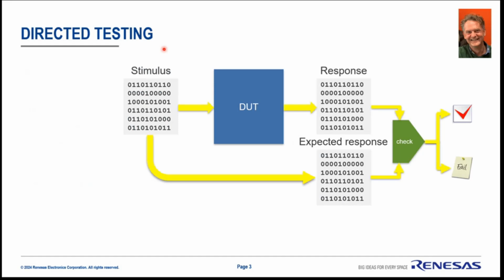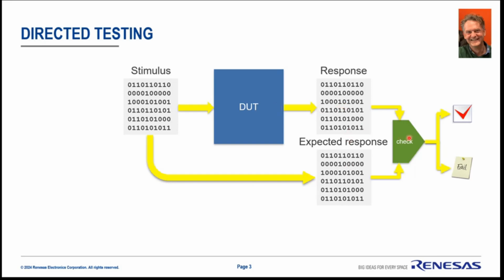So if we try to compare directed testing with constrained random, we show a canonical picture of some directed test setup where we have a stimulus, some kind of test sequence, which we're driving into the DUT, and then we're checking against some expected response.